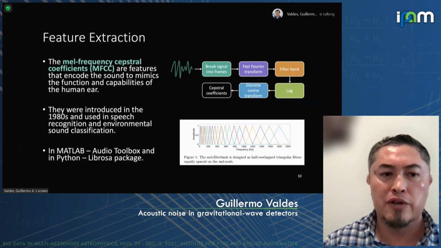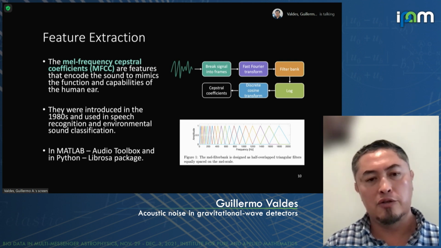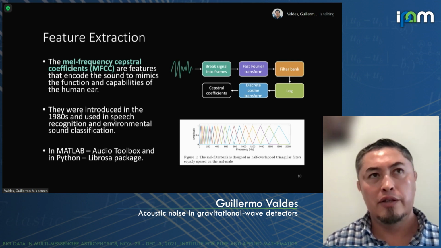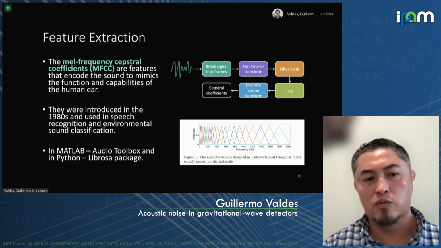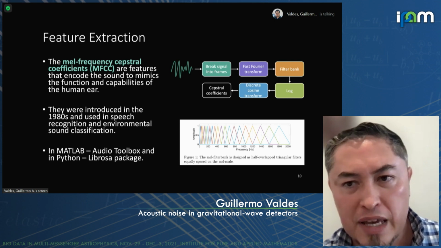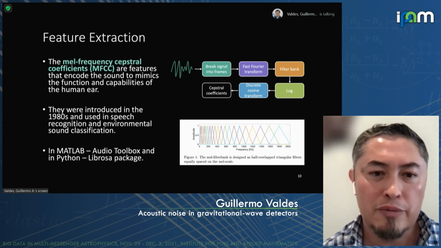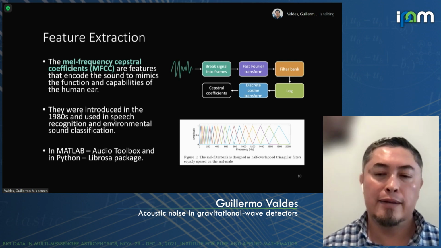So the first part is feature extraction. I'm also going to pause and tell you that I'm not sharing what's the best right now. This is more like what has worked for me and what you can apply to your projects if you are interested in doing these kinds of things. For feature extraction, we are using the mel frequency cepstral coefficients. These features try to mimic or reproduce what a human ear is capable of doing.